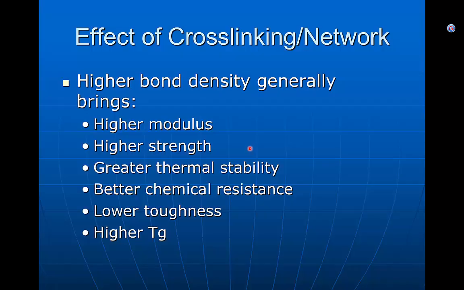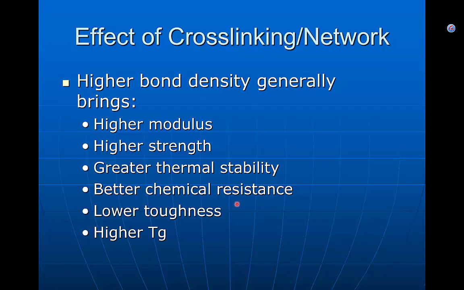Because these are primary bonds holding them together rather than van der Waals bonds, the polymer is not going to respond to temperature changes as much, and it's going to be more thermally stable, and will not flow easily at elevated temperatures. Because the molecules are held together by primary bonds, you'll find that they don't dissolve as easily, and it's more difficult for chemical reactions to occur.